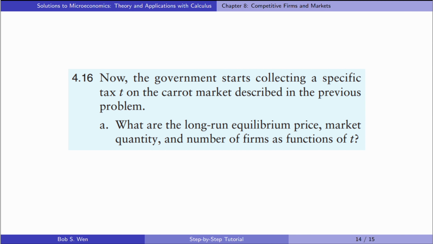Let's finish exercise 4.16. Now, the government starts collecting a specific tax T on the carrot market described in the previous problem. In part A, what are the long-run equilibrium price, market quantity, and number of firms as functions of T?